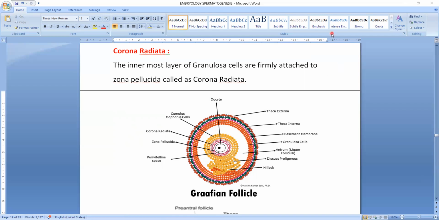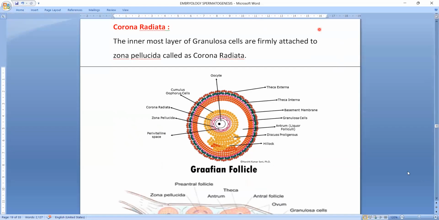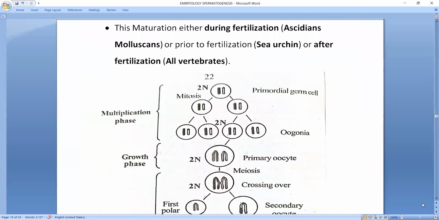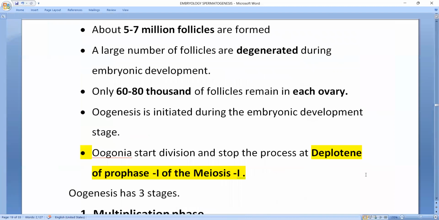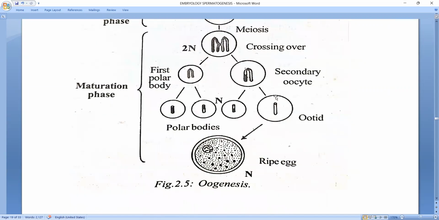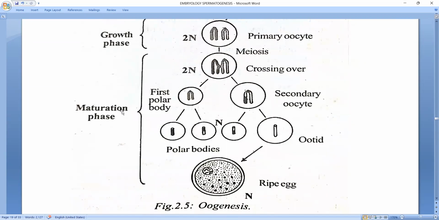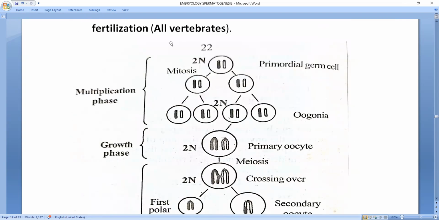Sorry, just wait, I'll increase the size. So up to this last step, the multiplication and growth phases occur in the follicle.